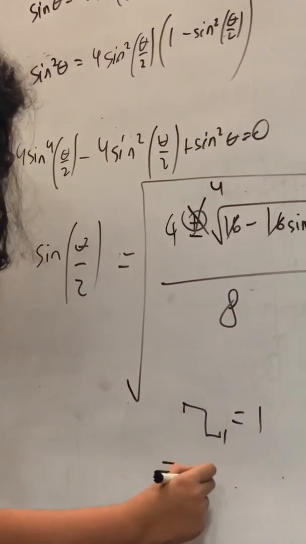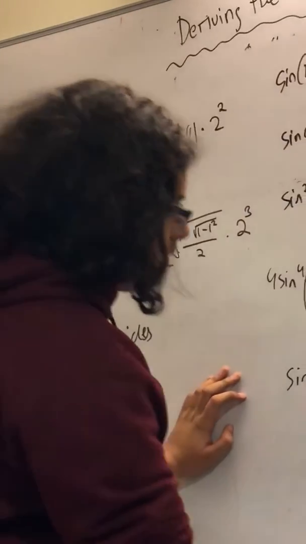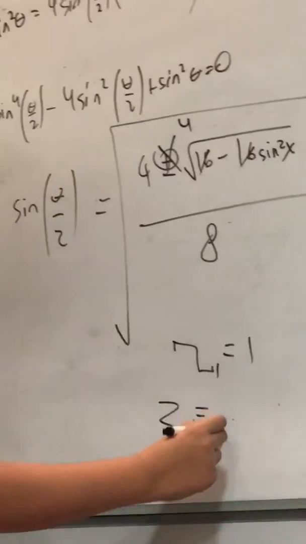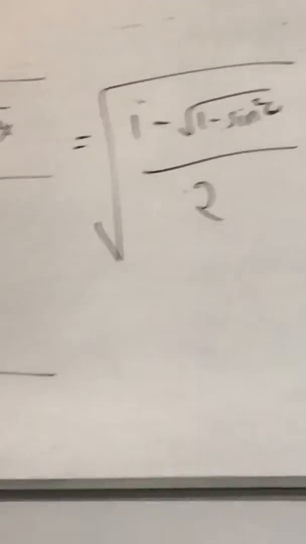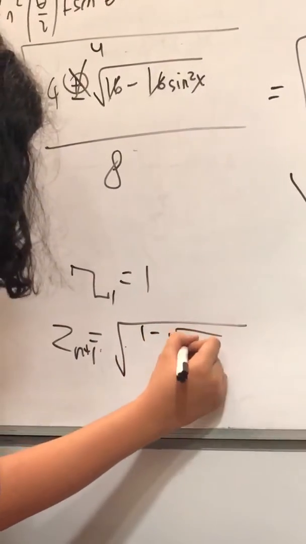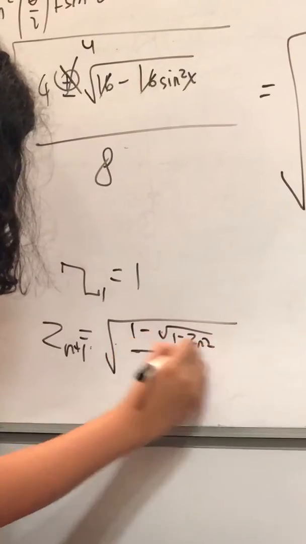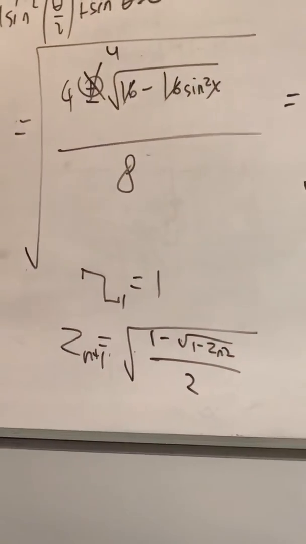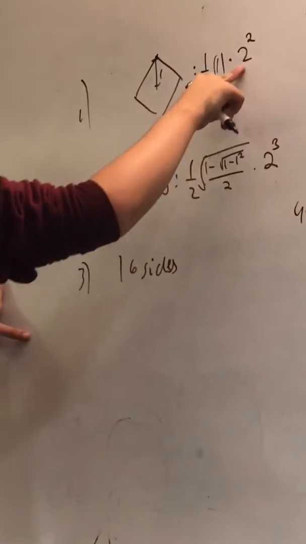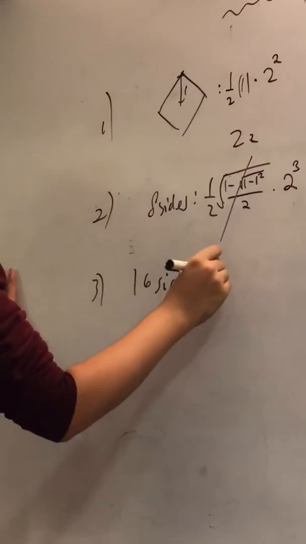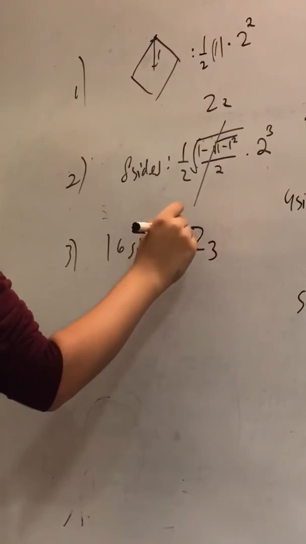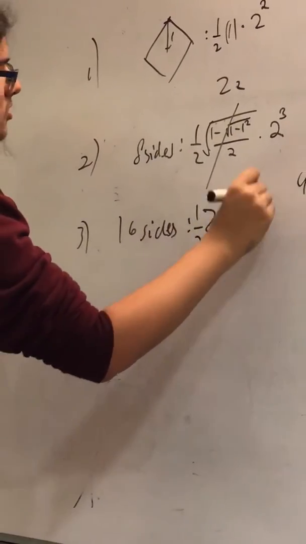Z(n+1) is equal to the square root of 1 minus the square root of 1 minus Zn squared over 2. So let's rewrite this. This is Z1. This is going to be Z2. 16 sides is going to be Z3. So it's 1/2 Z3 times 2 to the 4th.